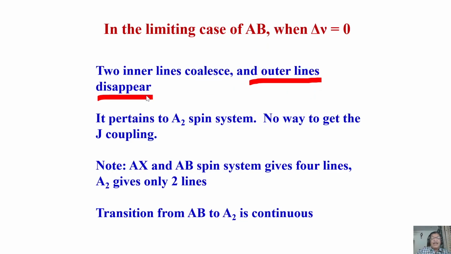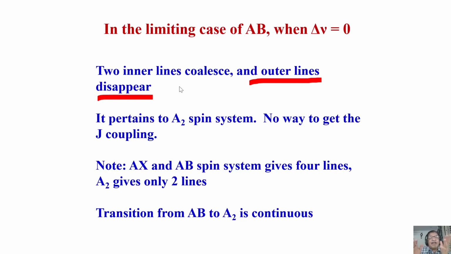This is a standard example for an A2. A2, how many lines do you get? Simple example, I gave you the hydrogen molecule. There are two protons. They are chemically equivalent. No J coupling is seen. How many lines do you expect? Only one peak. Classic example of A2 is the hydrogen molecule.